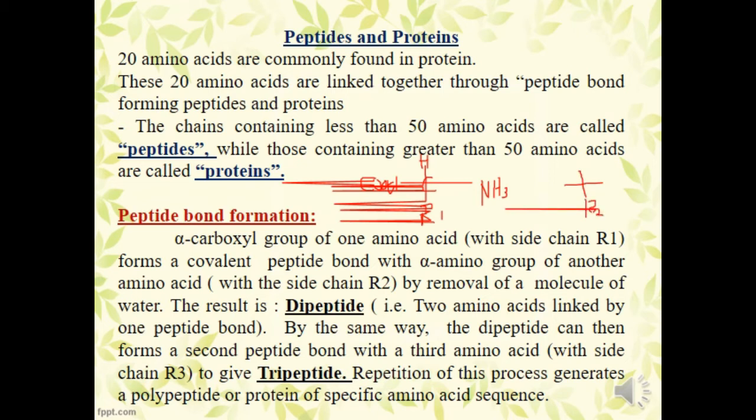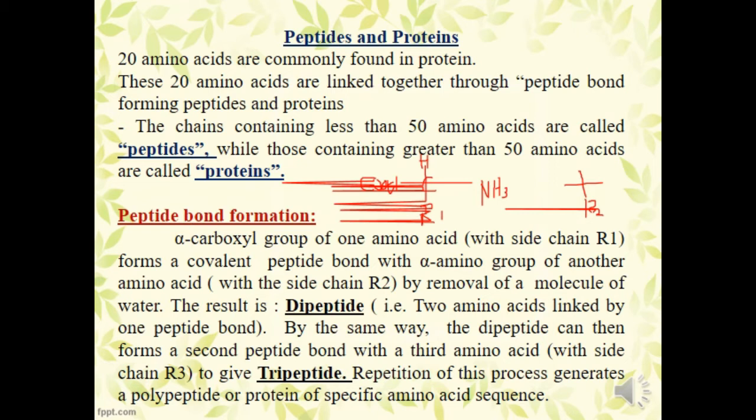These two are joined together, and when they are joined, one molecule of water is removed. So we end up forming a dipeptide. Dipeptide means two amino acids linked by one peptide bond.